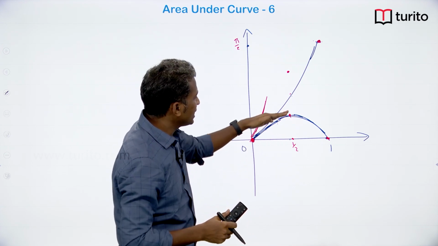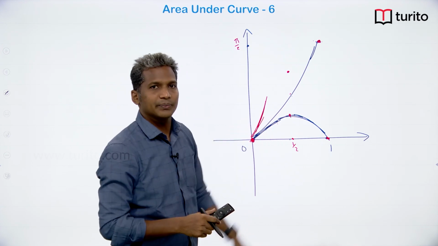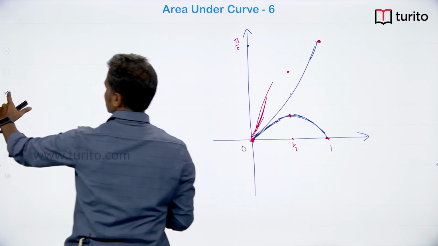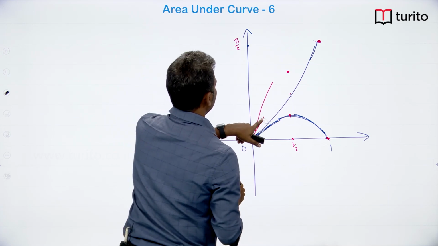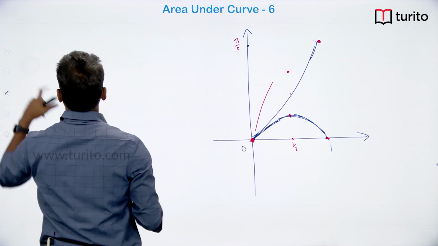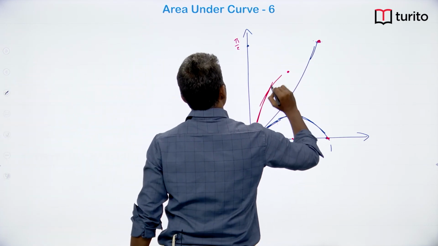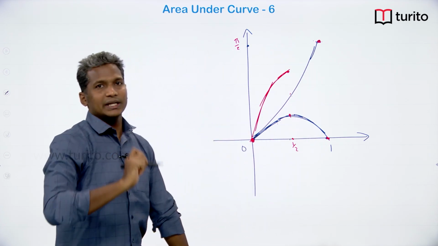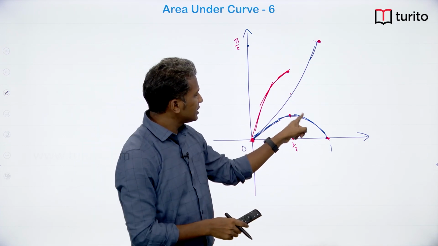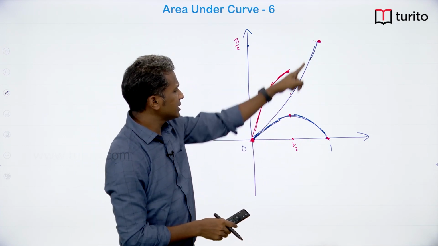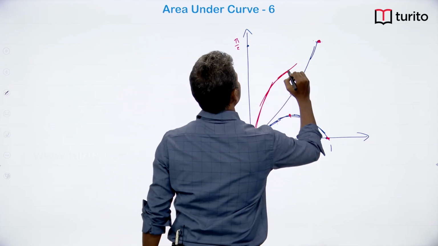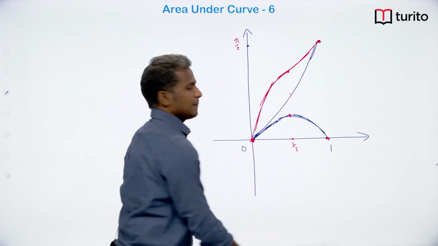That means its increment rate is slowly decreasing. So after reaching this point, the graph has to further increase, but it has to slowly increase, because one value is increasing but the other value is decreasing. So it has to slowly increase, somewhat like this.